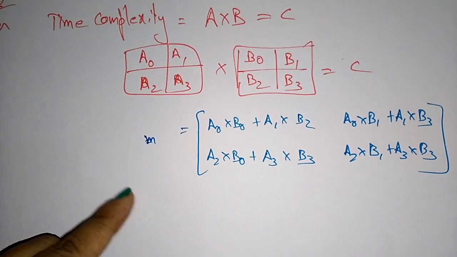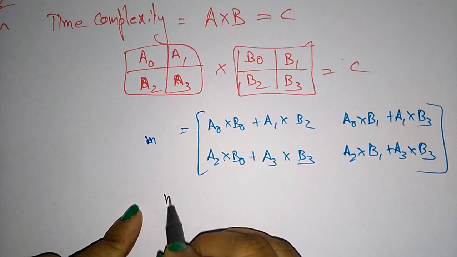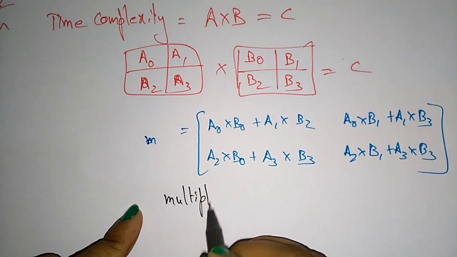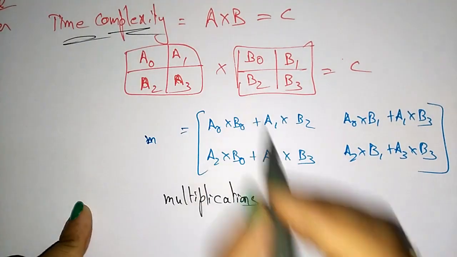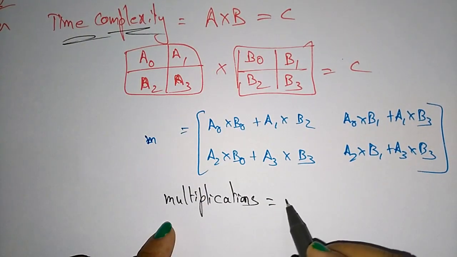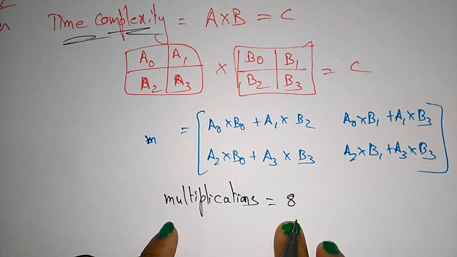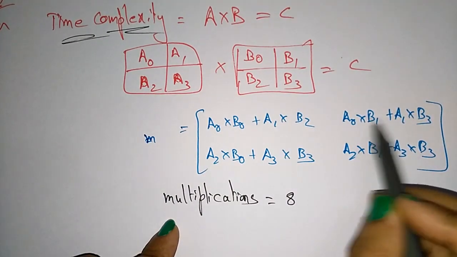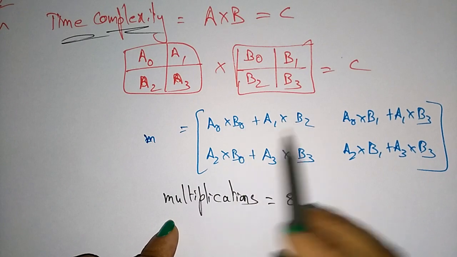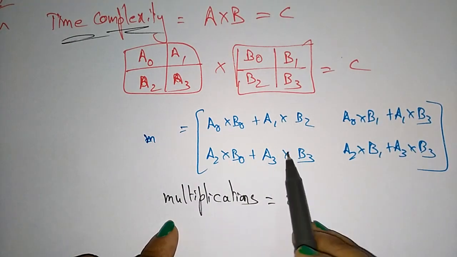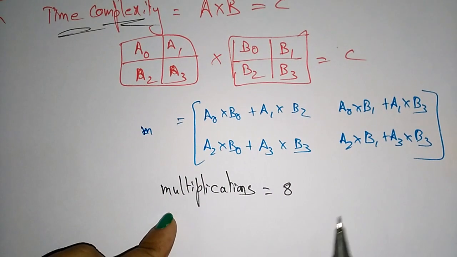Did you observe here, we are finding out the time complexity. The total multiplications you are doing is 8: 1, 2, 3, 4, 5, 6, 7, 8. Total 8 multiplications.